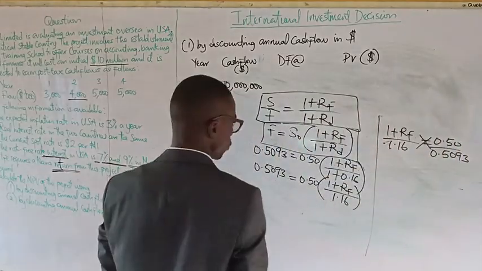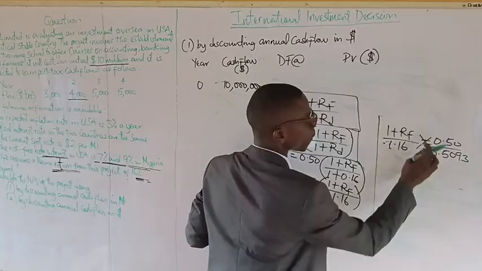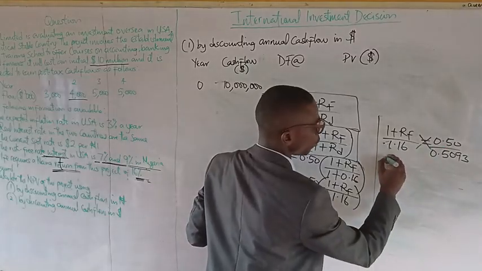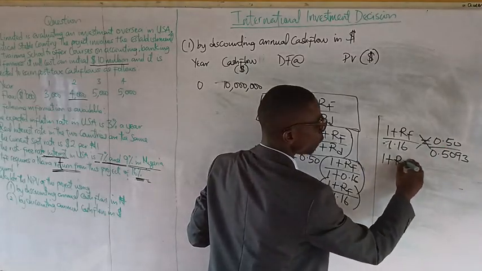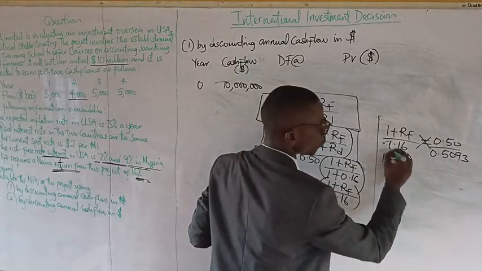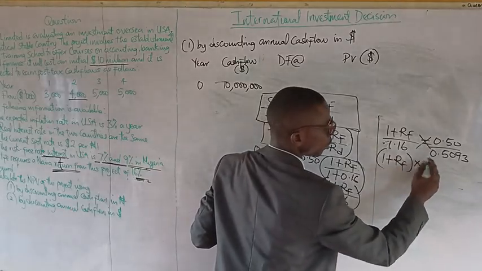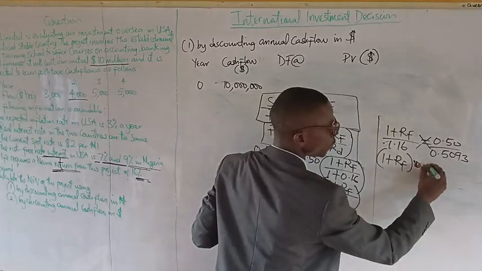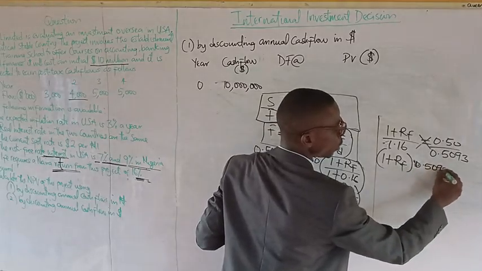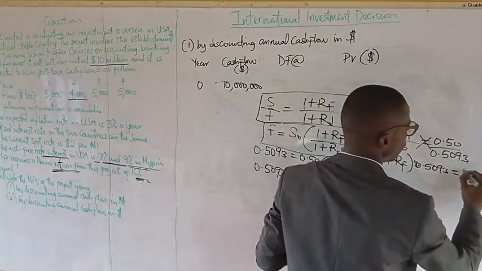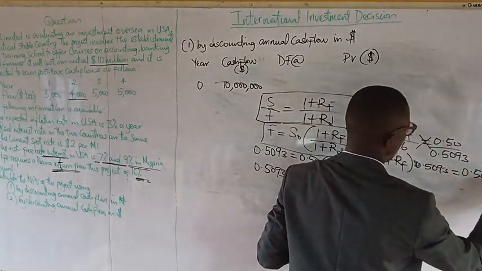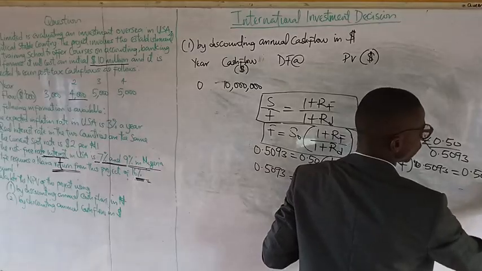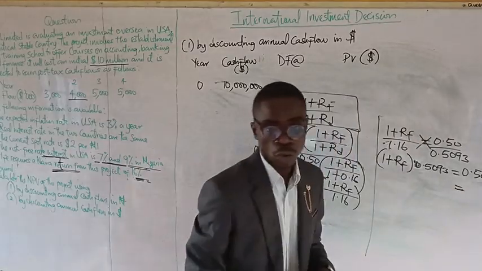So we cross multiply: 1 plus RF times 0.5093 equals 0.50 times 1.16. What would that give you?